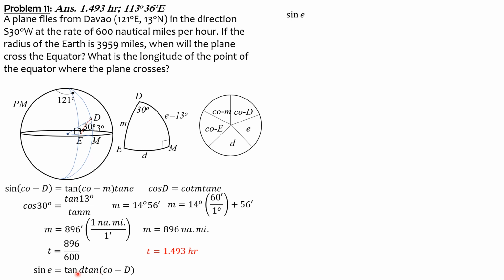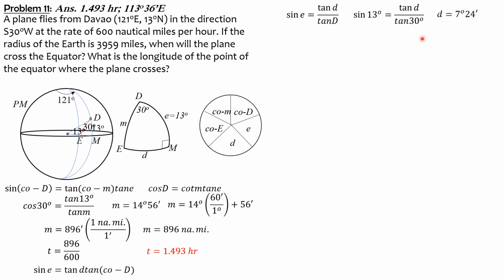So sine of E equals tangent of side D over tangent of angle D. Then we can solve D, inverse tangent of sine E, tangent of D. So sine of 13 degrees equals tangent of D over tangent of 30 degrees. So we can now solve D as inverse tangent of quantity sine 13 degrees times tangent 30 degrees.